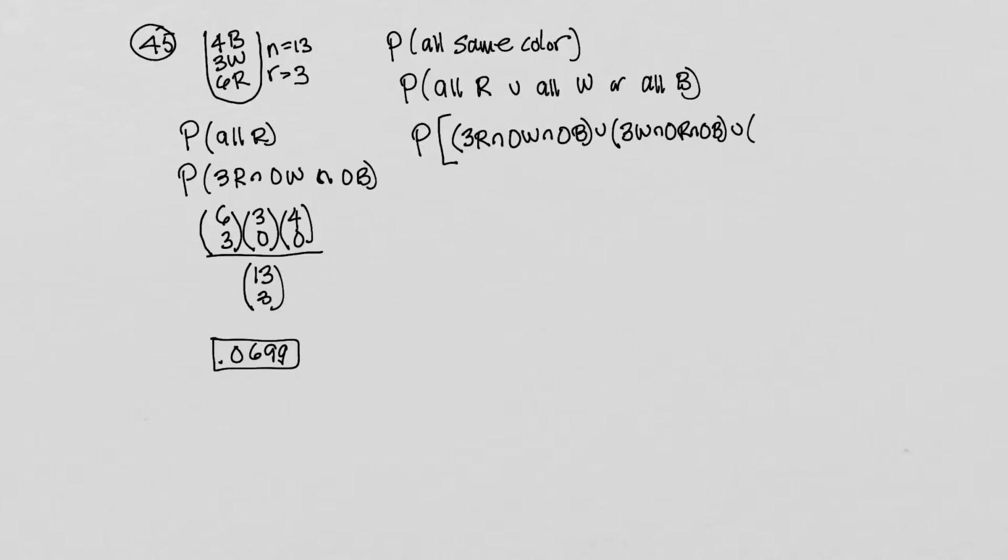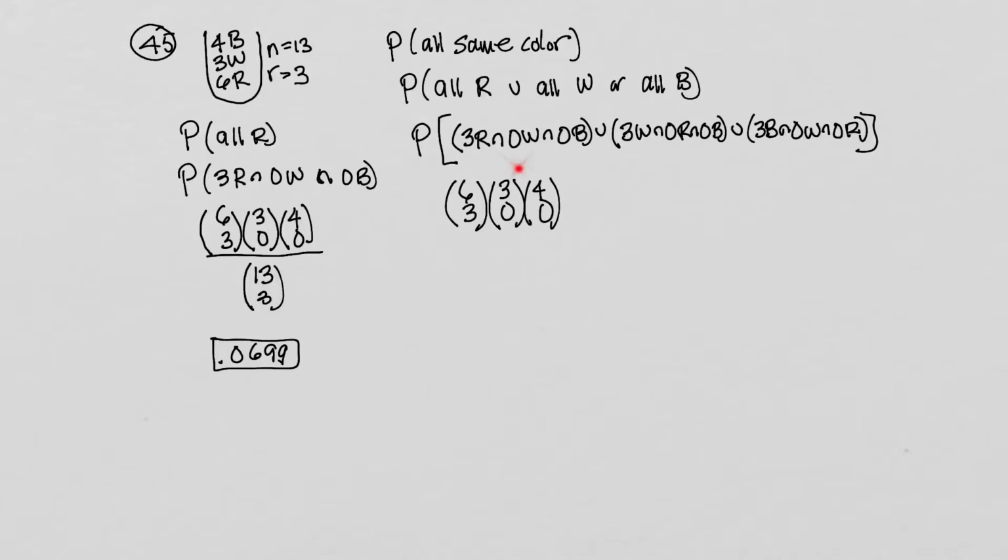Or I want all blues, so I get 3 blues and 0 whites and 0 reds. Close and close. And now that I have it written this way, I can get the combination form. So out of those 6 reds, we want 3 of them. Out of the whites, there's 3 whites, we want 0 of them. And out of the 4 blues, we want 0 of these.